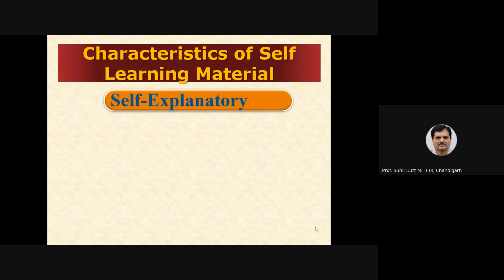So there are important characteristics of self-learning material. The first characteristic is that it is self-explanatory. What does it mean? It means that the materials are developed in such a manner that they don't require any intermediary, even a teacher, to explain the content.